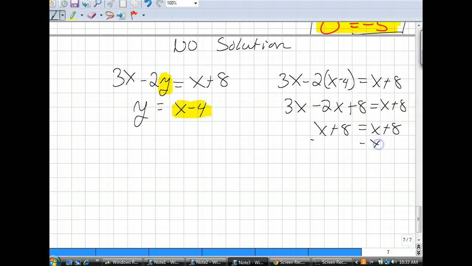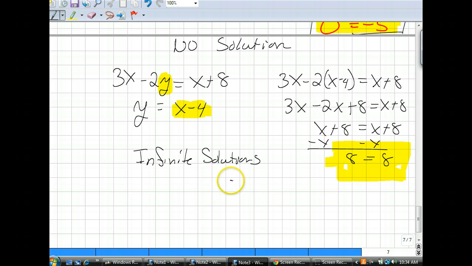So this is going to be x plus 8 equals x plus 8. And if I continue all the way to the bitter end, I get a true statement. 8 does equal 8. So when the variables drop out and you get a true statement, something that does make sense, then the answer is infinite solutions.